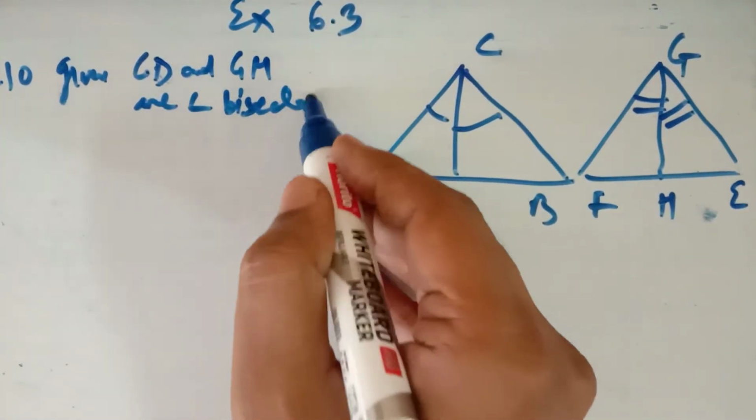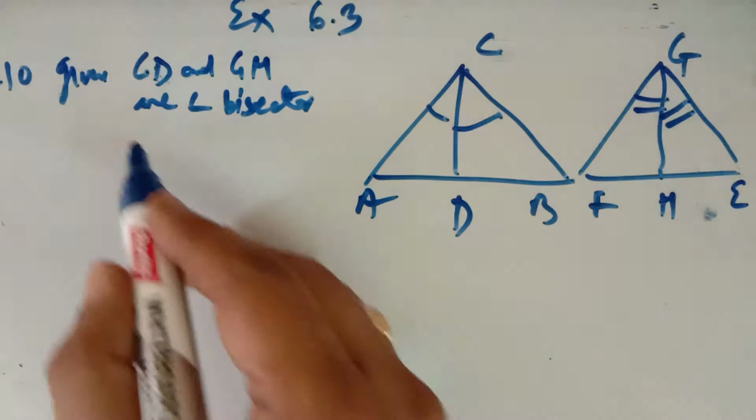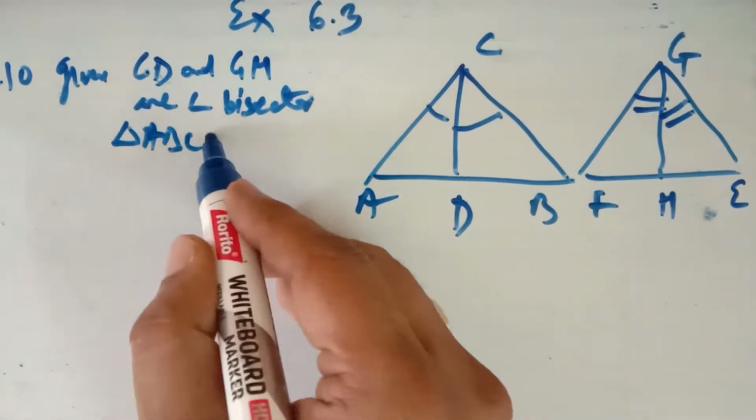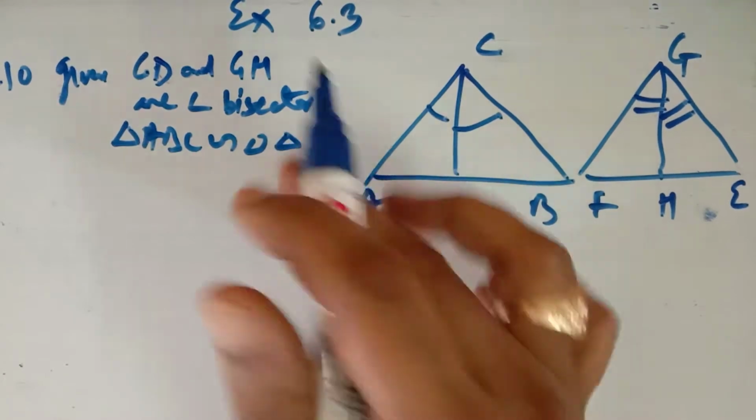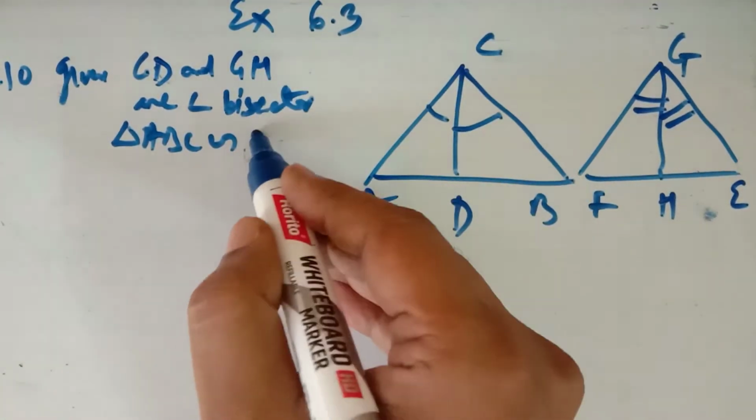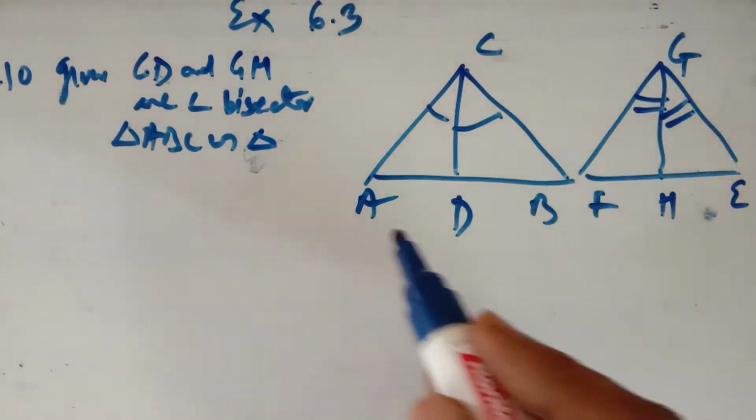This is given to us. And it is given that triangle ABC is similar to triangle FEG.